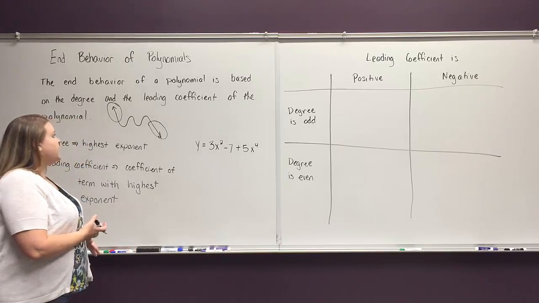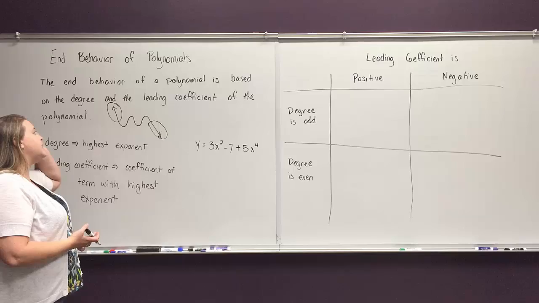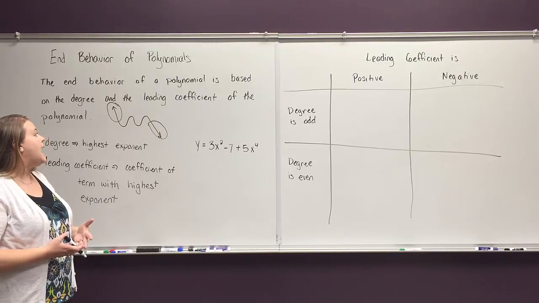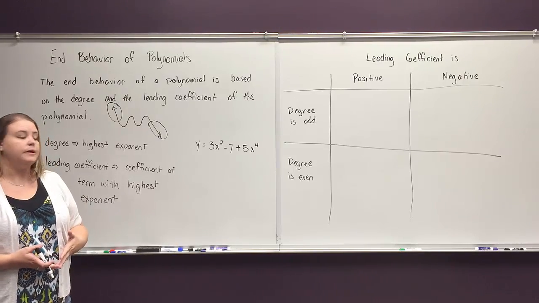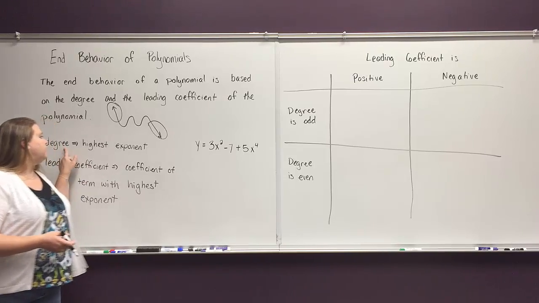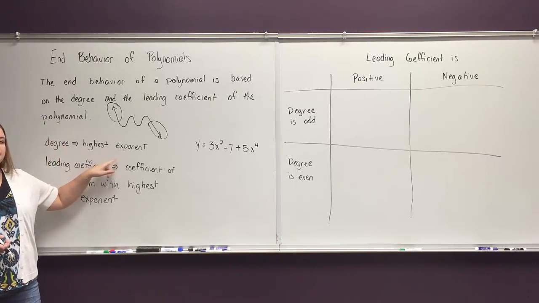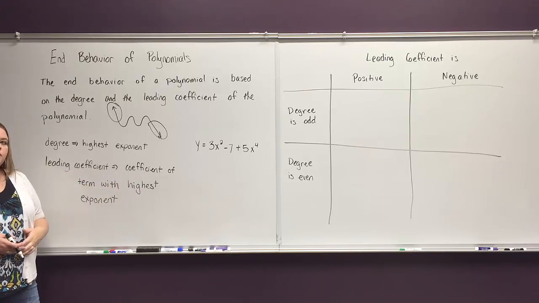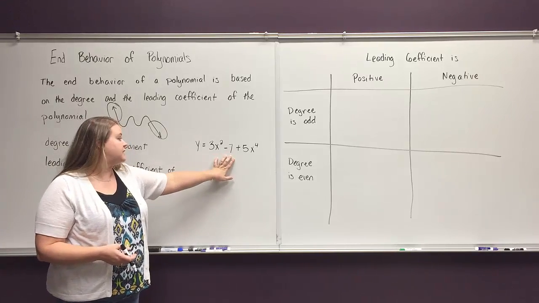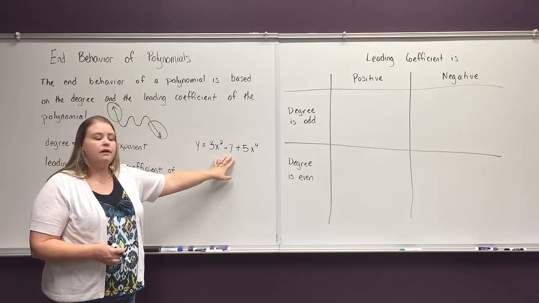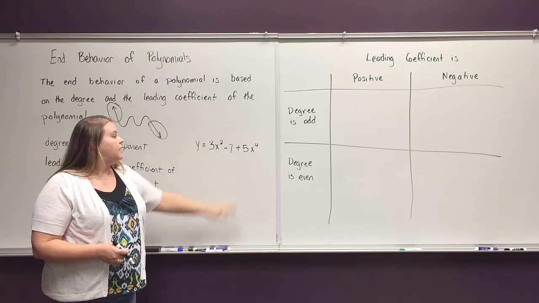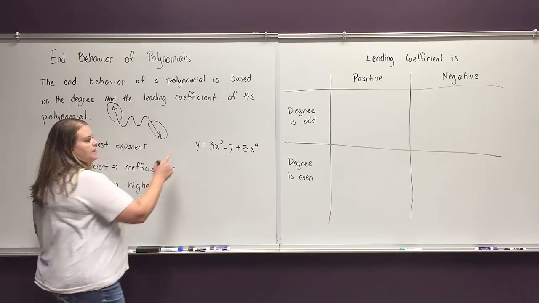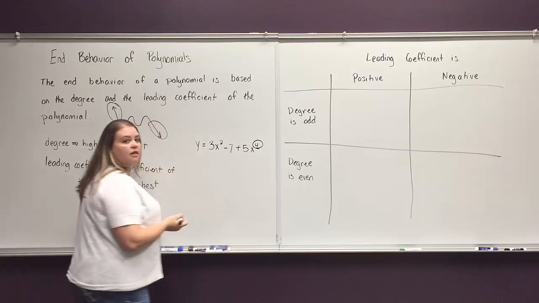And so the end behavior of a polynomial is based on the degree and the leading coefficient of the polynomial. The degree is the highest exponent. The leading coefficient is the coefficient of the term with the highest exponent. So for example, if I have a polynomial like this one, 3x squared minus 7 plus 5x to the fourth. To find the degree, I look for the highest exponent, which I notice is the 4.